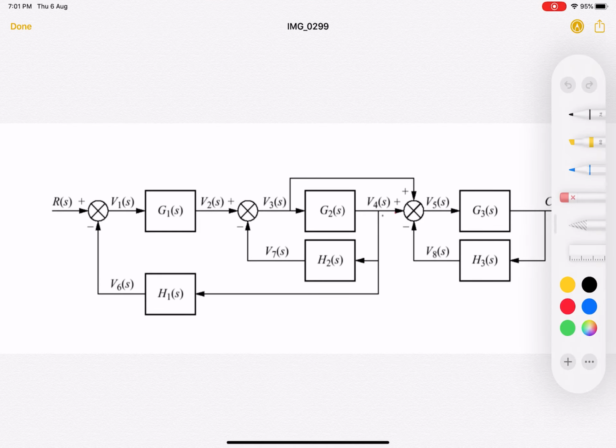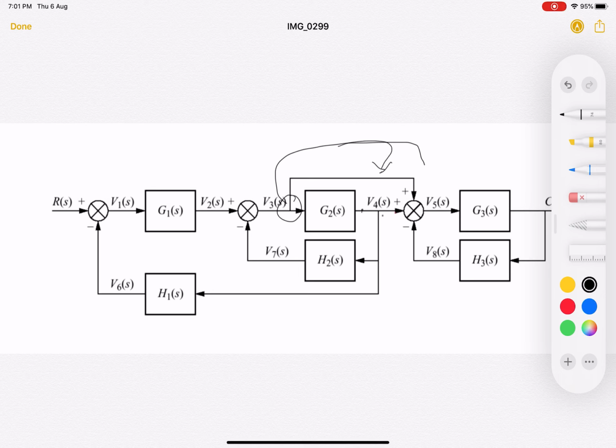So we had just moved this pick-off point from here and moved it past G2. We had taken up the signal from here, and consequently, because we were now picking up a signal which was G2 times V3, we had divided it by G2.